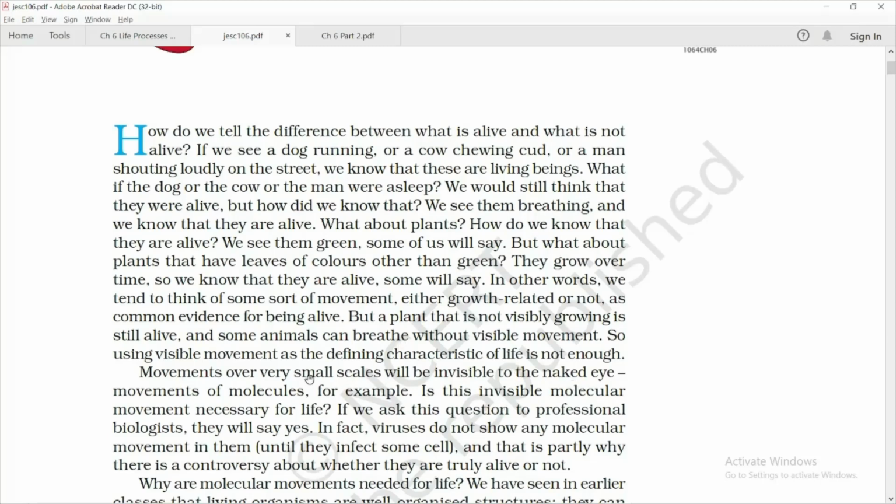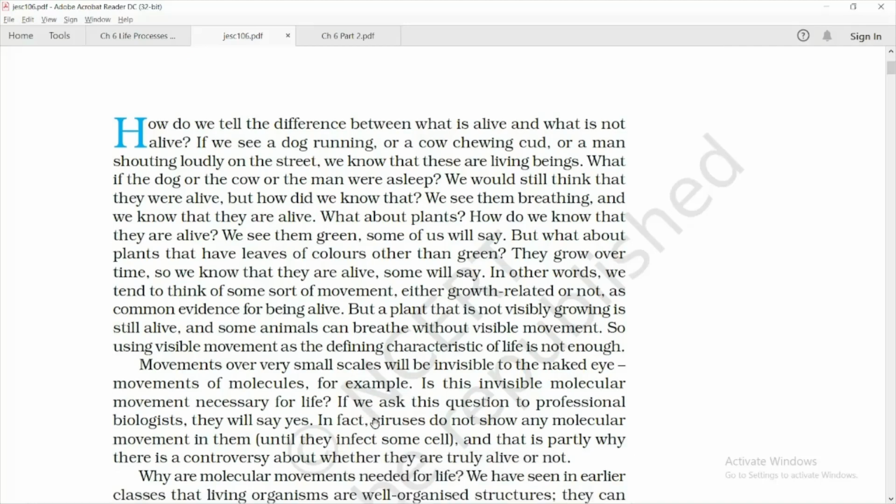Molecular movement over pretty small scales will be invisible to the naked eye, the naked eye which we talked about, right? Is the invisible molecular movement necessary for life? If we ask this question to professional biologists, they will say yes.